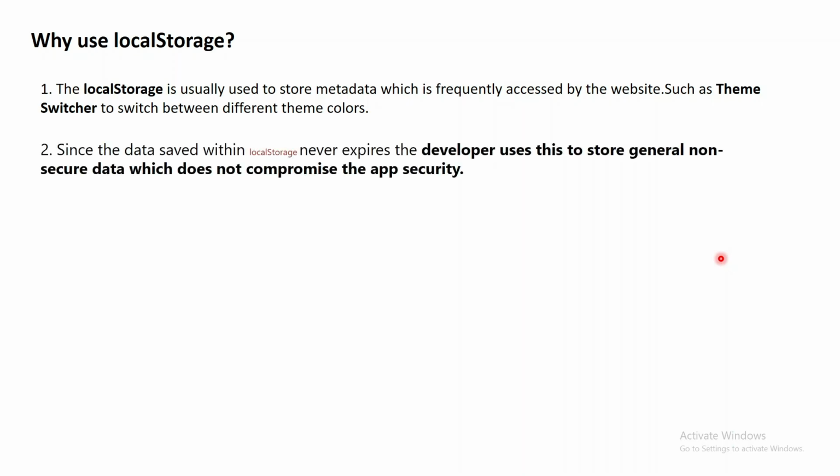The second thing is, since we are saving the data, it never gets expired. So as a developer, you need to understand that the data once you store in the local storage doesn't have any expiry date. So you can't store any data that might compromise the security of your application.